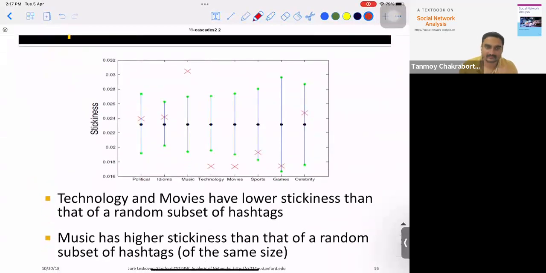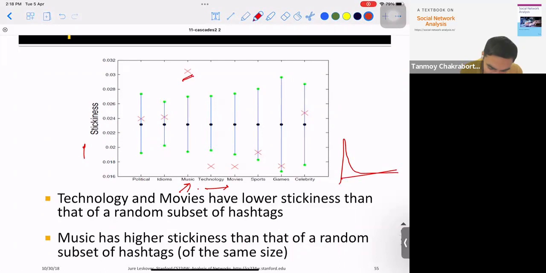Let's look at the stickiness. Okay, the same experiment happened again. Y-axis stickiness, x-axis events, random experiments, right? Here we have seen a different trend. Particularly look at the music, right? What I mentioned earlier, that music is not persistent, but for music the stickiness is maximum, meaning it is very clear that it looks like this, right?